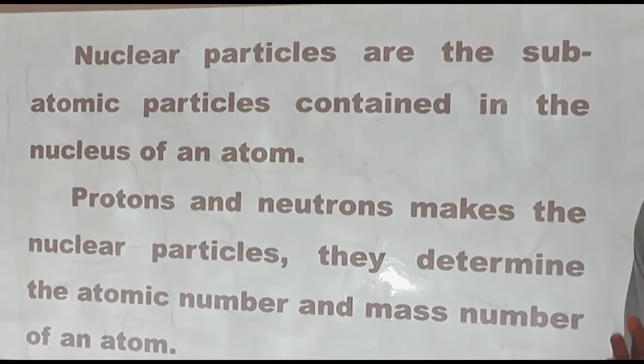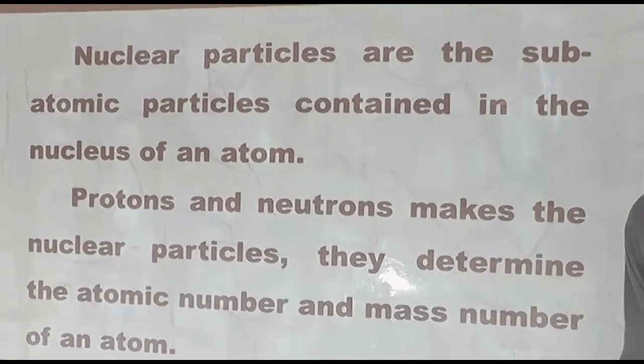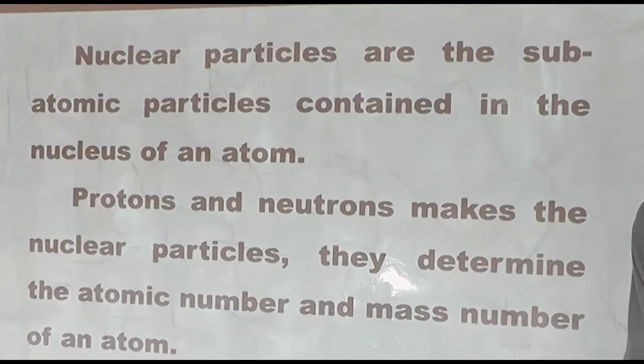Anytime anybody asks you to list the nuclear particles, they are protons and neutrons, because these two make up the nucleus of an atom. They determine the atomic number and mass number of an atom.